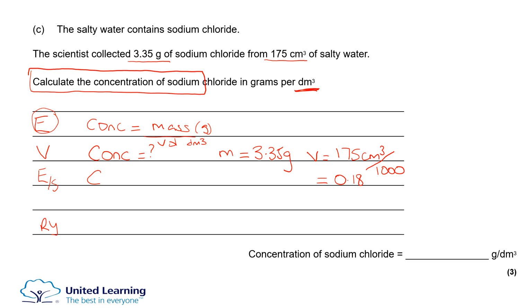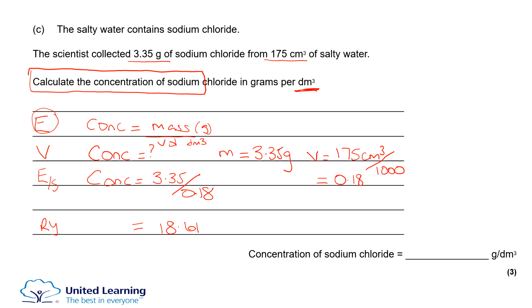So concentration equals 3.35 divided by 0.18. Put that into your calculator and you will get an answer of 18.61 reoccurring. So our final answer, again, 2 decimal places, just like the figures in the question.